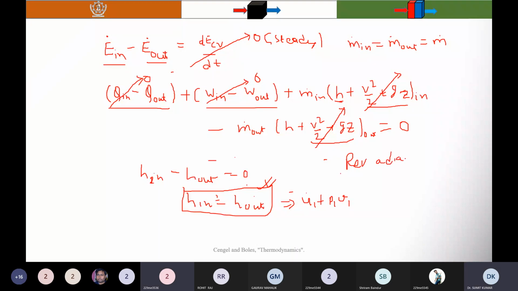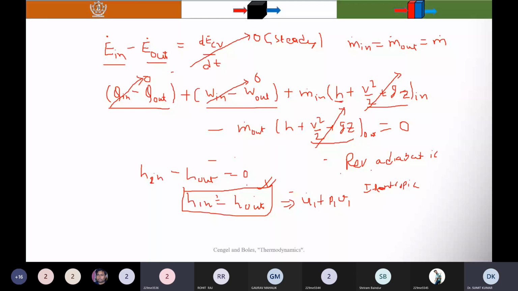Can you tell me the difference between these two? Reversible adiabatic and isentropic. I know that this throttling is an irreversible process and it is adiabatic, so it is called isenthalpic. But I don't know the difference between reversible adiabatic and isentropic.